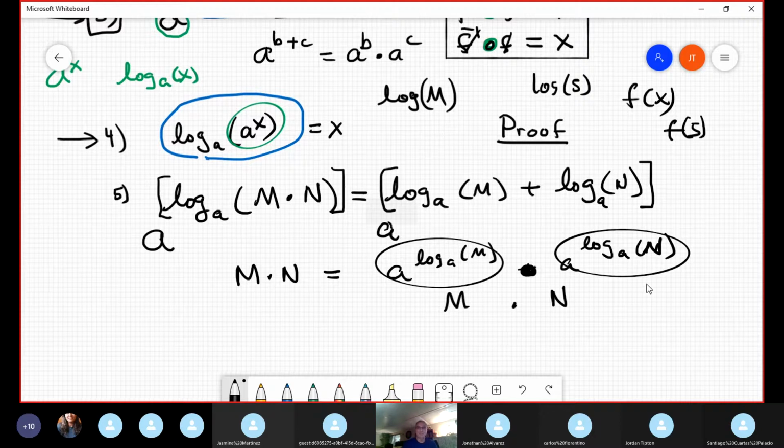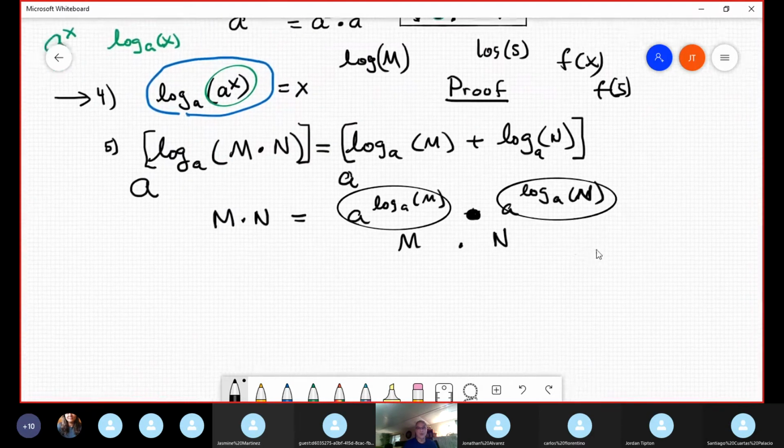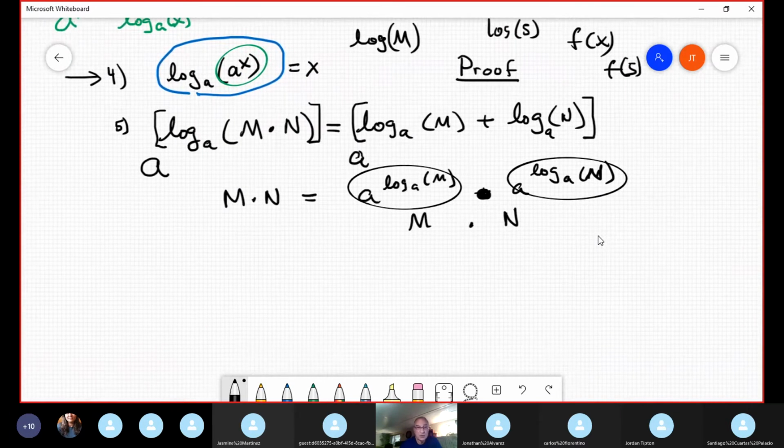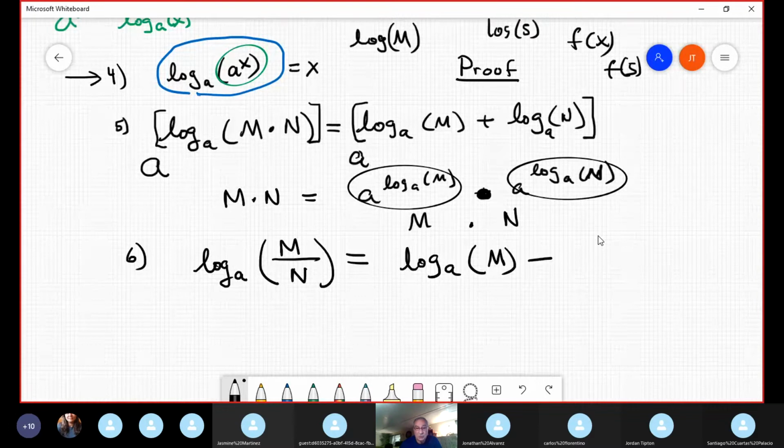Likewise, division is subtraction. Property number 6 is when you have the logarithm base a of a division, m divided by n, it is logarithm base a of m minus logarithm base a of n.